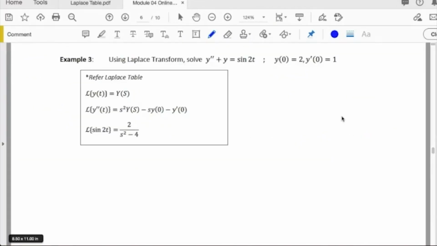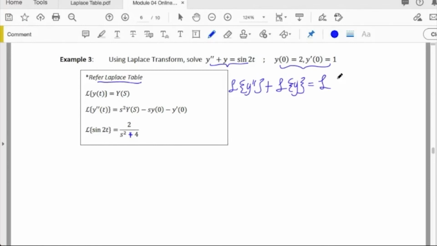Okay, so now we move to example 3. So this is the equation that we need to solve given the initial value information. Okay, so this is the transformation table, and that one should be positive 4. Okay, so the first step, we apply Laplace transform on y double prime plus Laplace transform on y equal to Laplace transform on sine 2t.